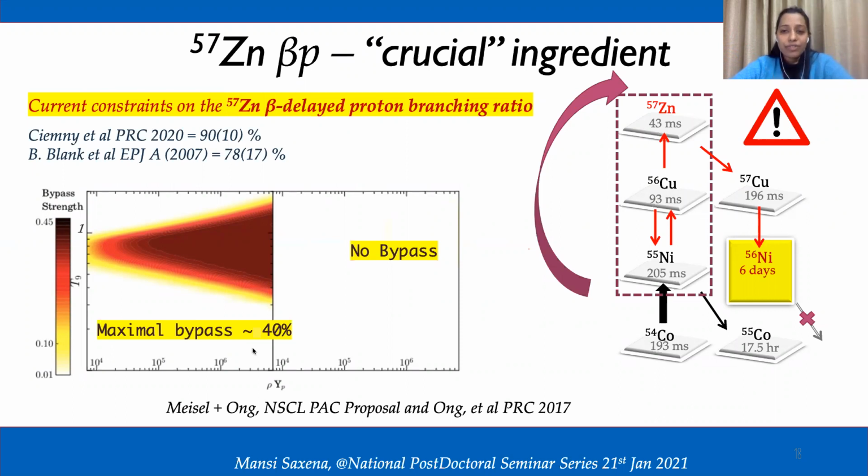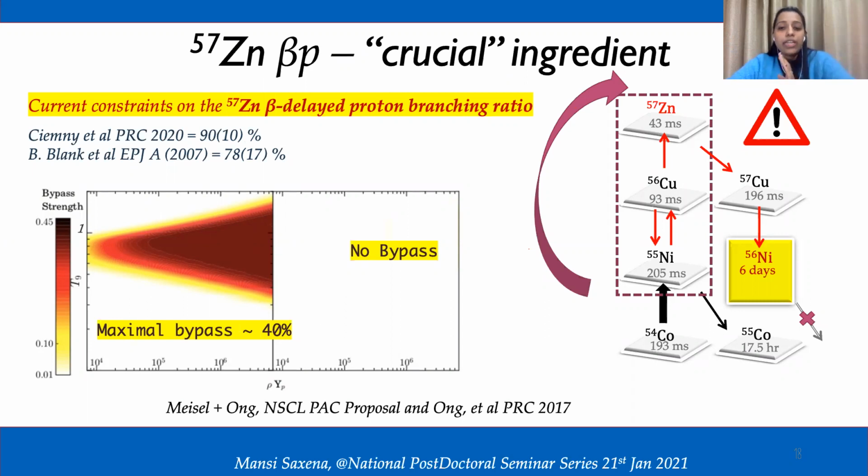Now, the effect of the variation of the present uncertainty in the 57Zn beta-P ratio is shown here in this phase space diagram, which shows the fraction of the reaction flow that bypasses 56Ni as a function of temperature and density.